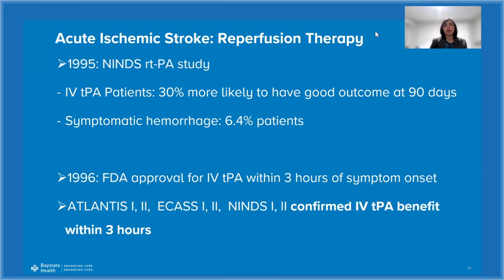Sometimes patients wake up with strokes, and in that situation, it's important to know when they went to bed or when they were last seen normal. As you can see, this medication was only approved for up to 3 hours within symptom onset. Subsequent trials were done, including ATLANTIS, ECASS, NINDS, that confirmed the benefit of tPA, or tissue plasminogen activator, within 3 hours.